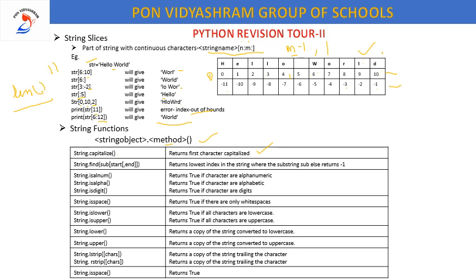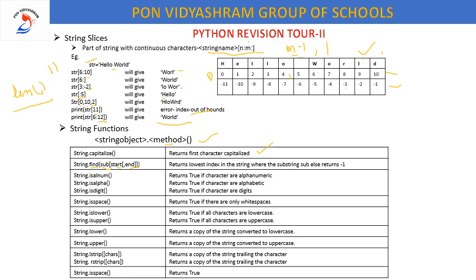The next one, string dot find, with sub, start and end. Here we are finding a substring. Sub represents the name of the substring you want to find in the whole string. Start and end represent from which index to which index of the main string you should search. What does it return?